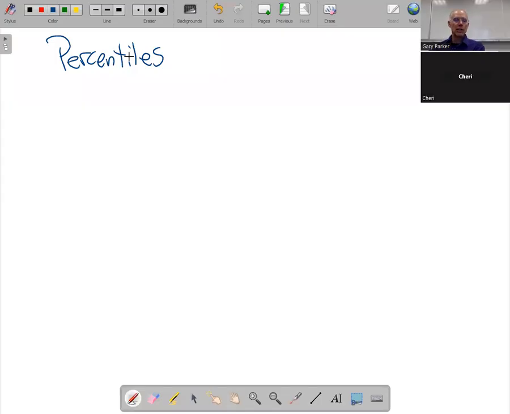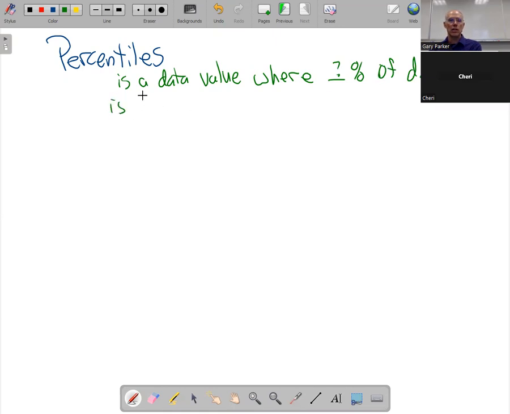So a percentile in a data set is a data value where some given percent of the data is below the value.